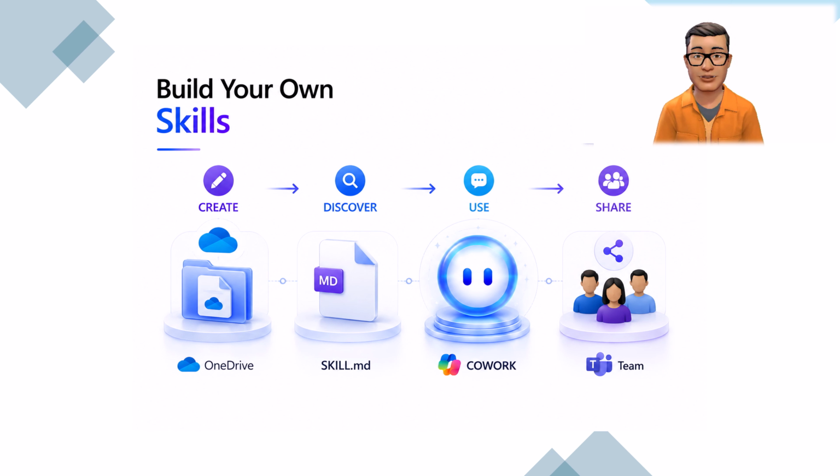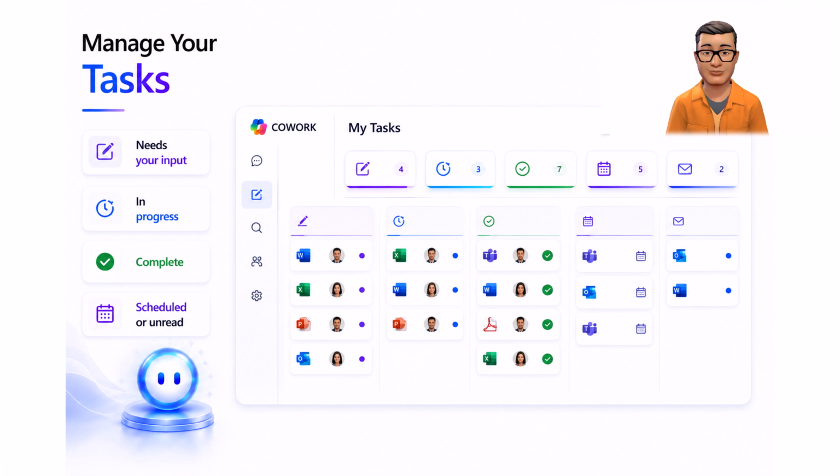Cowork can discover these custom skills when a conversation starts. You can also share a skill with specific users in your organization. Imagine an organization has a standard process for preparing weekly operational reports. Instead of explaining that process every time, a custom skill could provide Cowork with the organization's standard instructions that can make recurring work much more consistent.